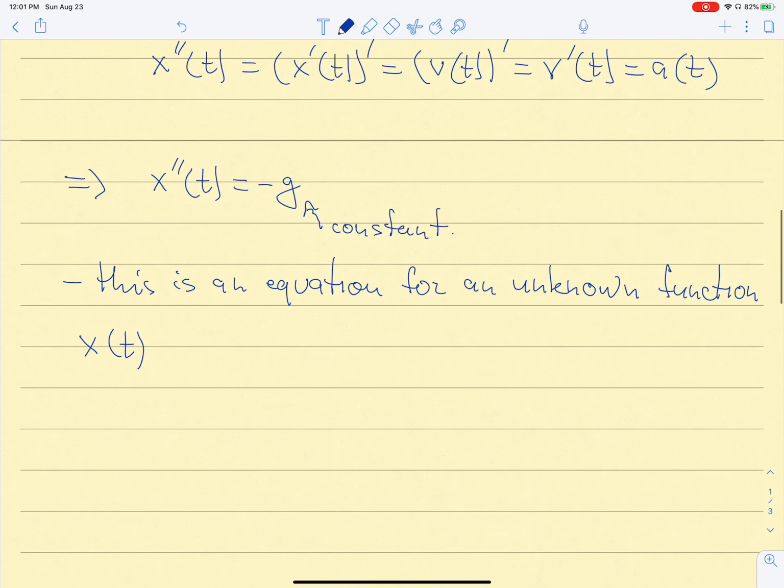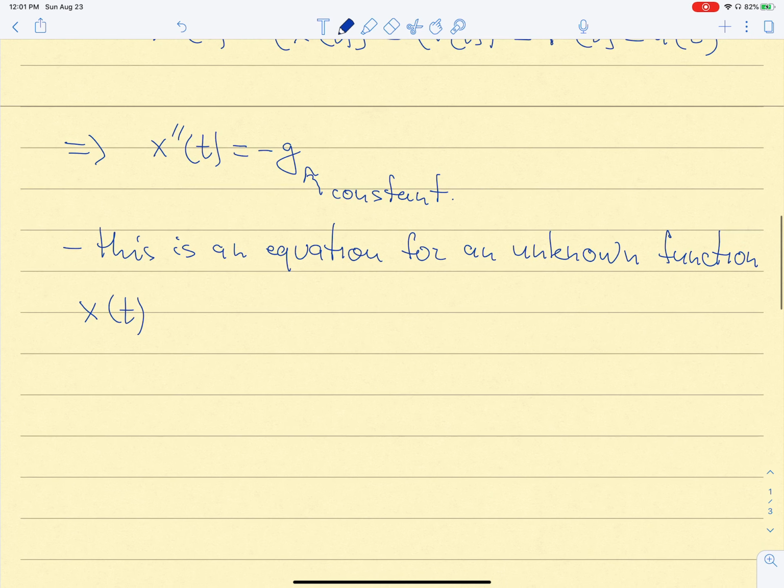Well, if I know the derivative of something, then I clearly can figure out what x of t is by integrating, right? So to solve, we need to integrate.